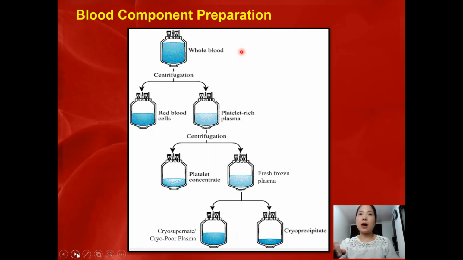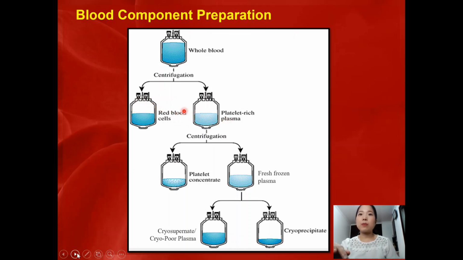This is how blood component is prepared. So when you have a blood donor, his whole blood is centrifuged, and what settles is the heavier red blood cells. The upper portion of this is actually the platelet-rich plasma.